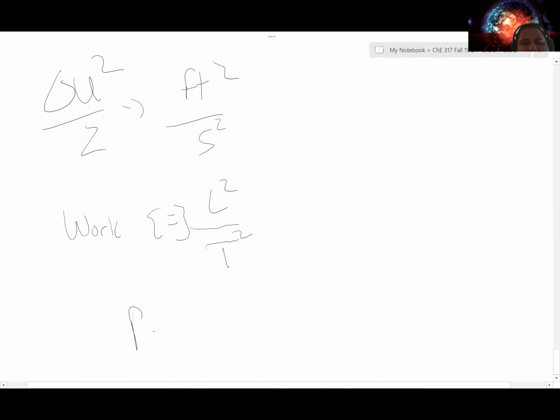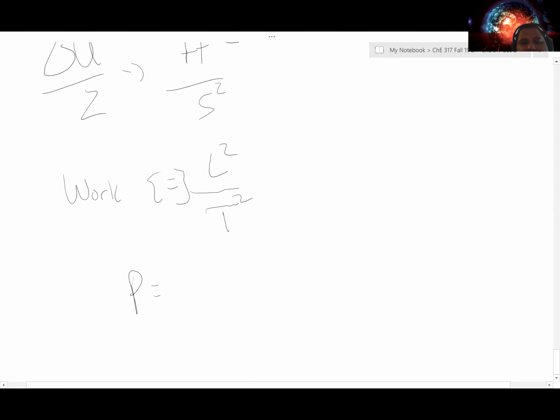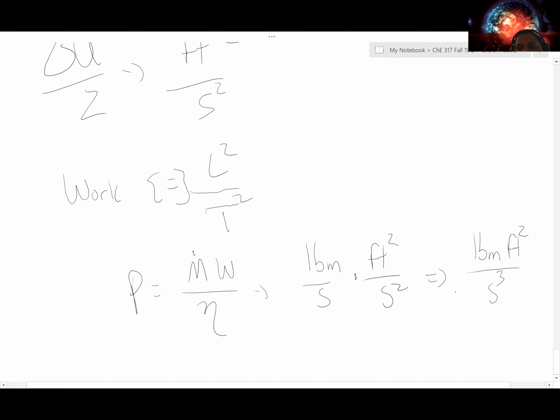Well, when you're calculating power, a lot of times you're going to have mass flow rate times work over efficiency. Efficiency is not going to have a unit, but your mass flow rate is. So you're going to end up with pound mass per second times foot squared per second squared, which gives you pound mass foot squared per second cubed.